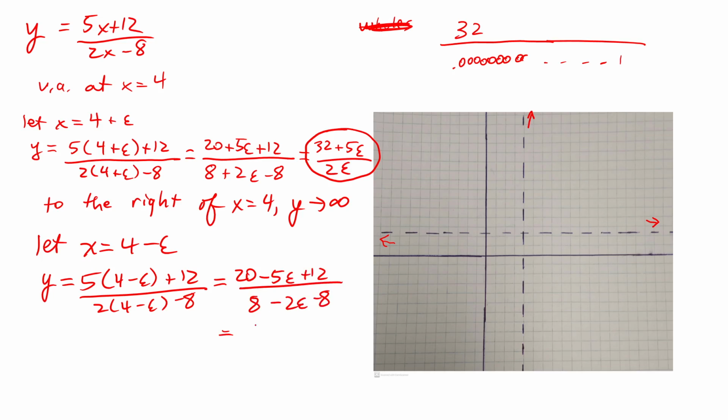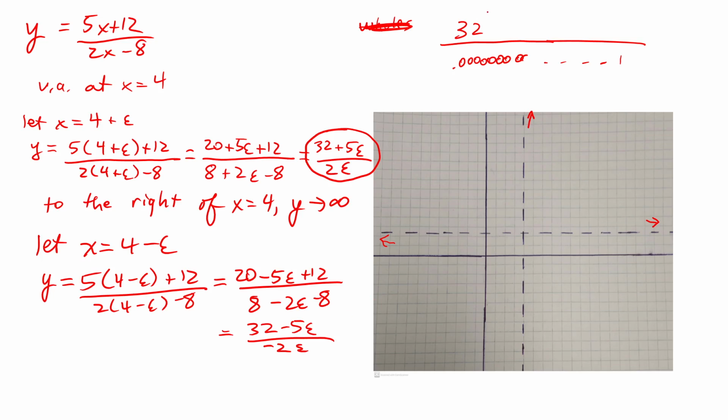When we simplify this, we end up with 32 minus 5 epsilon over negative 2 epsilon. Now, the numerator, 32 minus 5 epsilon, that's like saying 32 minus 5 times 0.00000000, etc., as long as you could possibly go. Well, that's still going to essentially be 32. Our denominator is going to be unimaginably small.